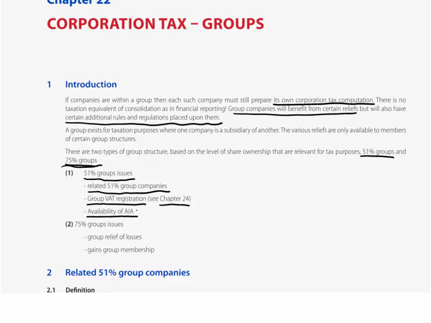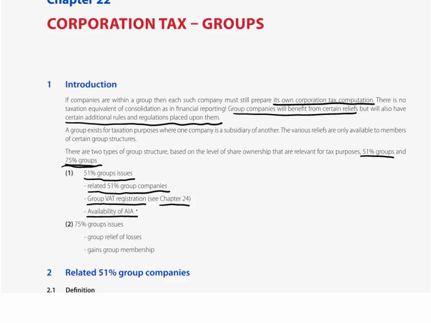Each company, I'm afraid, does not get £500,000 worth of AIA. It must be divided between them. How we divide it between them, well, that's down to us to decide, and we'll talk about the issues, therefore, that may dictate how you would choose which companies would take the benefit of the available AIA. We'll deal with that again just a little later.